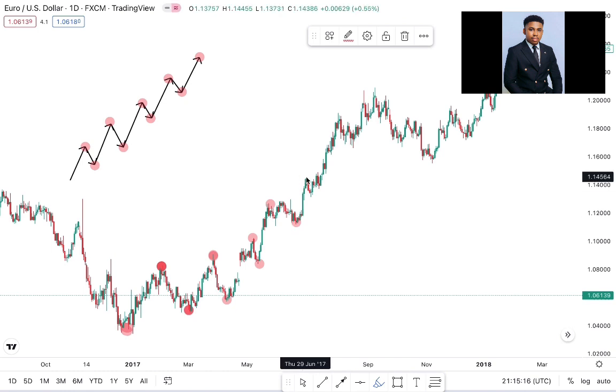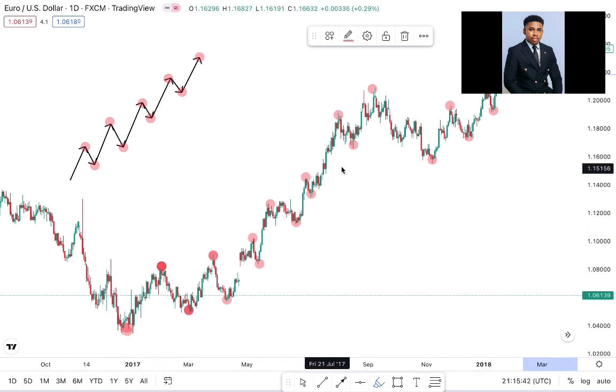Then this overall swing here creates a higher low and then a higher high. You can see that the market is beginning to change direction here. So it now goes into this stage, and this stage right here is a consolidation.